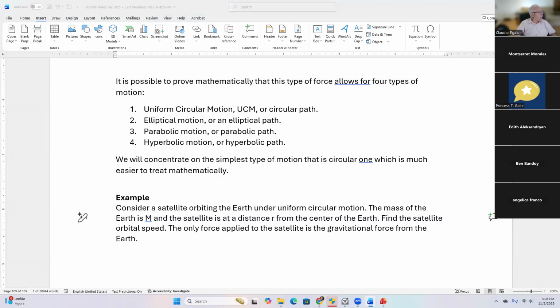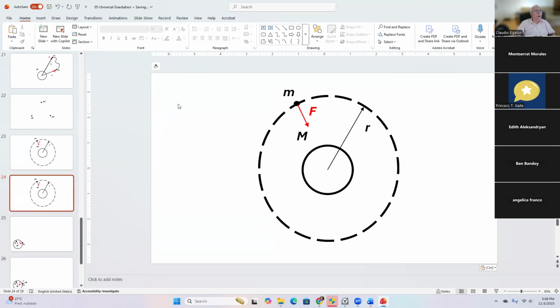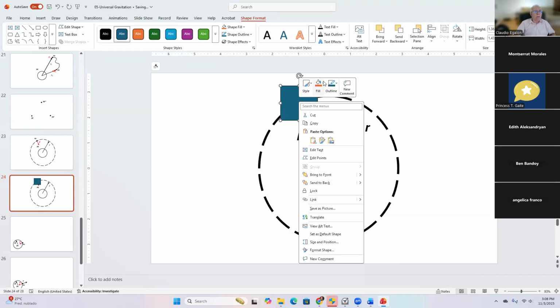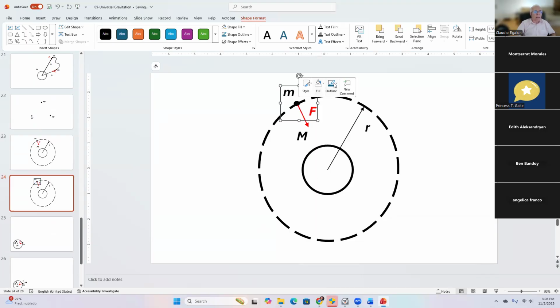And then we gotta do what we have been doing in all the problems that involve forces. We gotta come up with a free body diagram. I'm gonna emphasize that in the free body diagram, we must isolate our satellite from everything that exists, right?